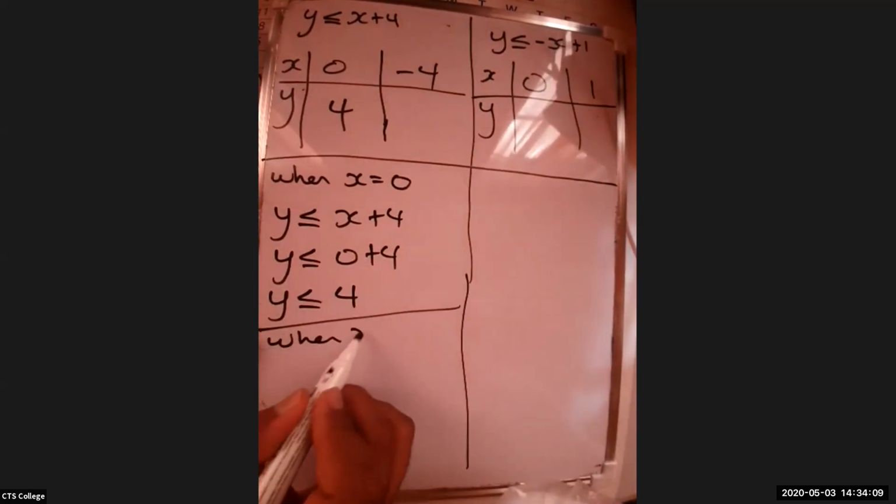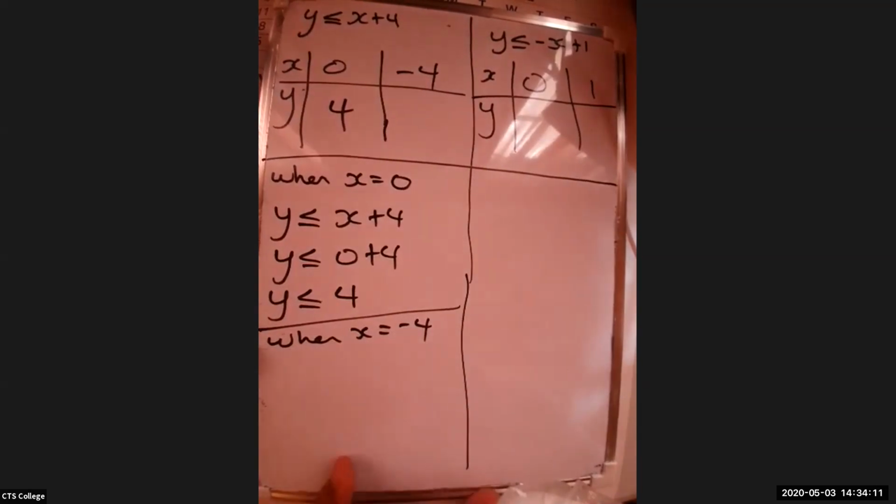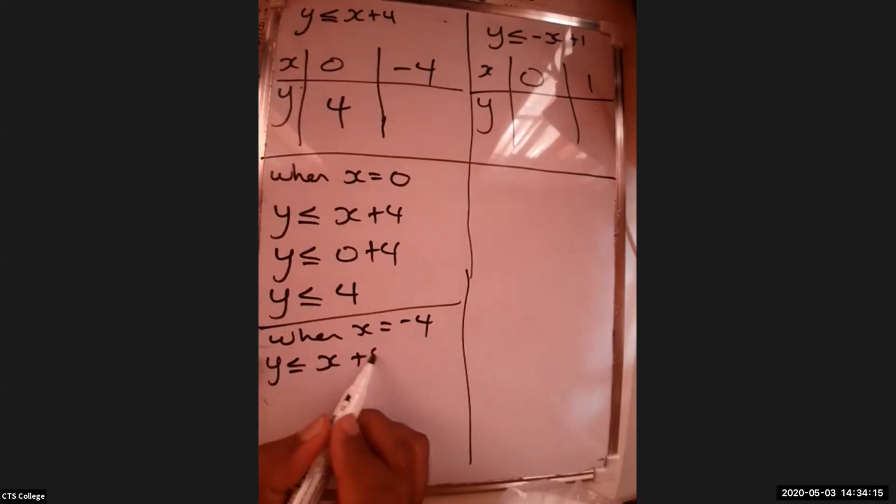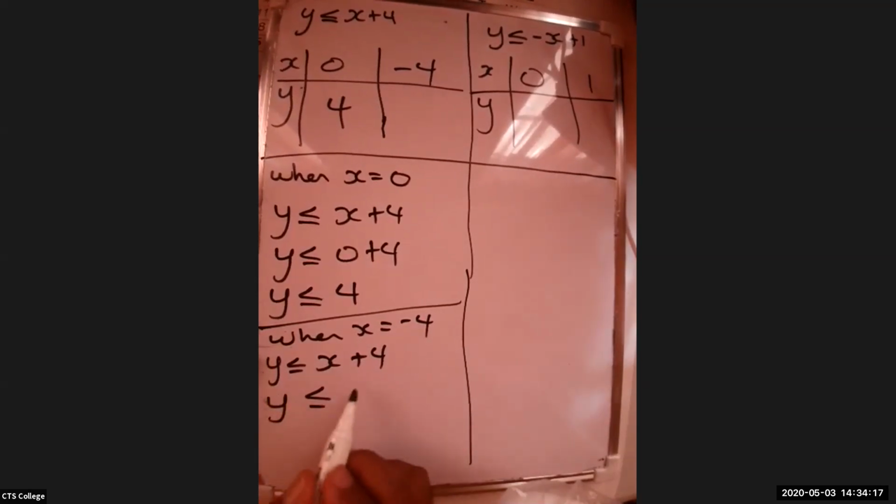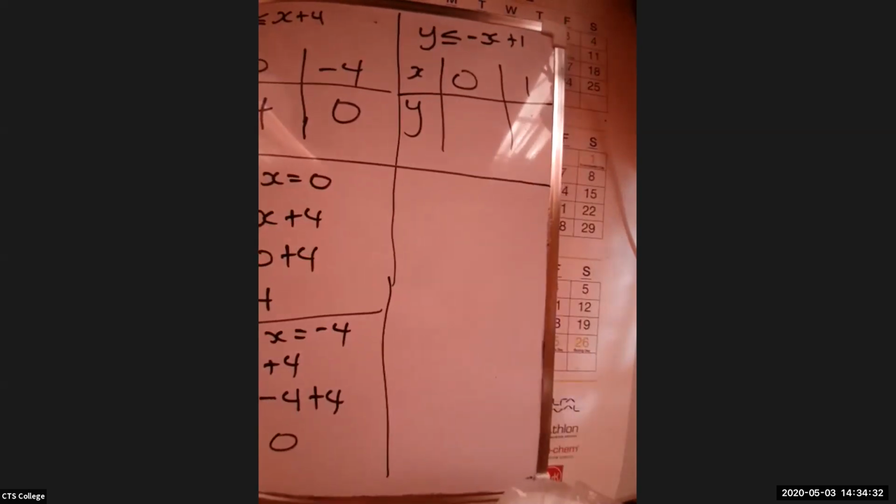When x is equal to negative 4, y is less than or equal to x plus 4. y is less than or equal to negative 4 plus 4, which is 0. So 0 goes here. All right? So that was for that one. Let's look at the table of values for this one.